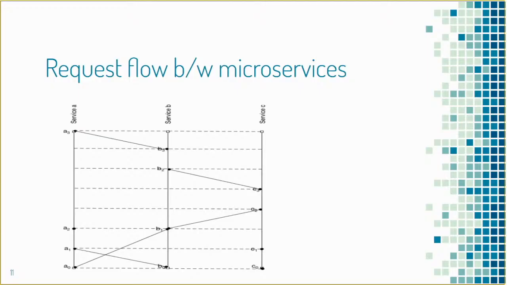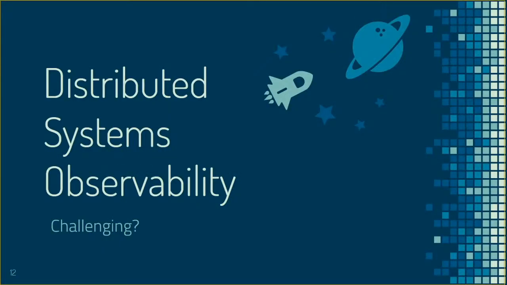This is doable, but it's tough. It's tough compared to a monolith application, we all know. So a distributed system right now is made up of multiple microservices and is a more complex entity in itself.